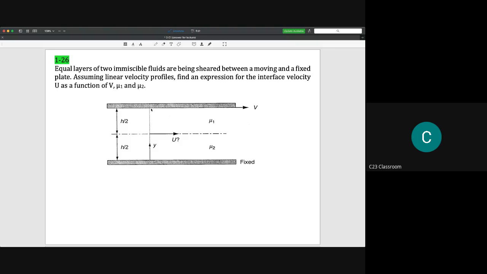So the idea is, we have two plates here. One is fixed and one is moving with velocity capital V. And you know that we have two different fluids here, mu1 and mu2. The question asks us to find the value of u at the center between these two plates.